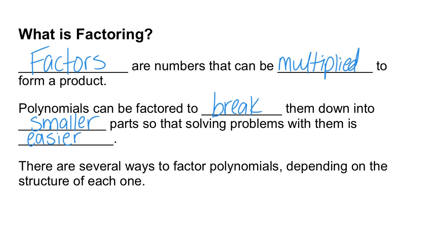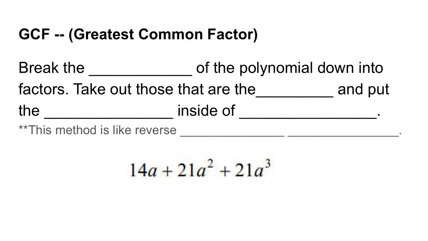So let's get into the first method. The first method we're going to look at is called greatest common factor, or GCF. You learned how to do greatest common factors with regular numbers back in probably the 4th grade. So if you maybe remember, or if you don't, think back. When you have numbers like, let's say, 18 and 45, and they ask you to identify the greatest common factor of 18 and 45, you would be trying to figure out the biggest number that will evenly divide into both of those numbers, meaning the biggest number that would be a factor of both.